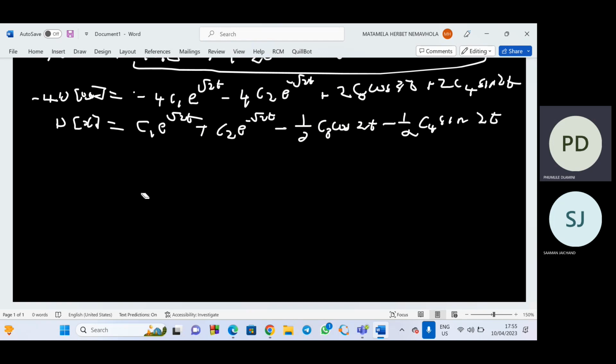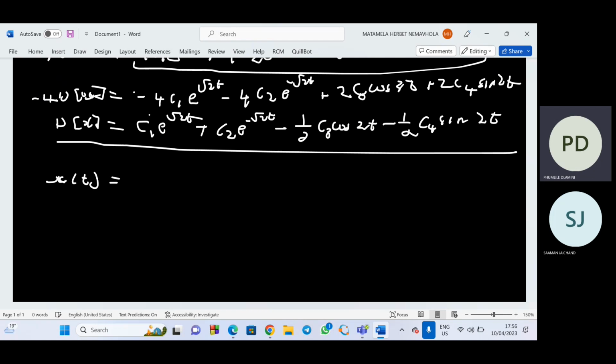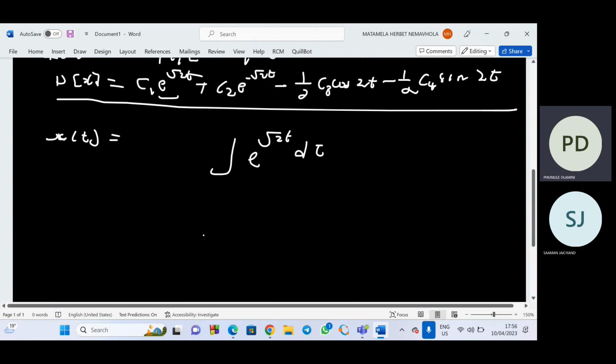So when we differentiate this equation here, we're going to get x of t. I'm just going to show you one method here, only the differentiation of e to the power square root of 2t. If I have to differentiate e to the power square root of 2t dt, you can use the substitution method.